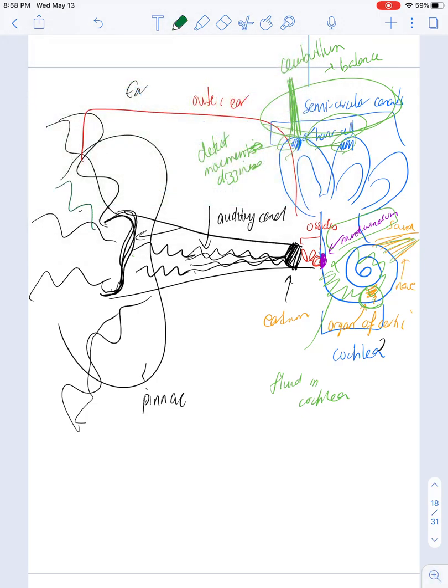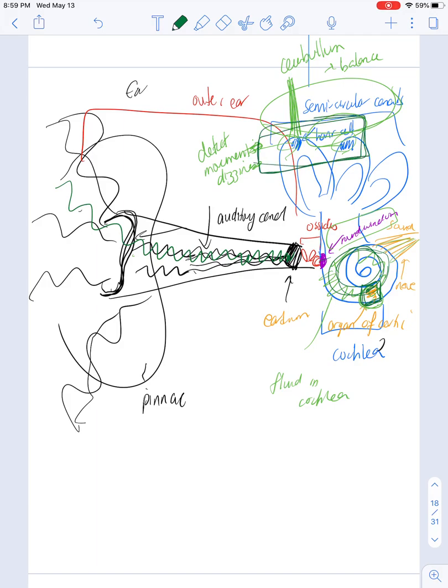So just make sure everybody understands: sound waves come in, sound waves hit the eardrum, sound waves cause the ossicles to vibrate, sound waves cause the round window to push in, that causes the fluid in the cochlea to move, that causes the hair cells in this organ of Corti to vibrate. The hair cells that vibrate in the organ of Corti are responsible for generating an action potential, and then your brain interprets that as sound, right?